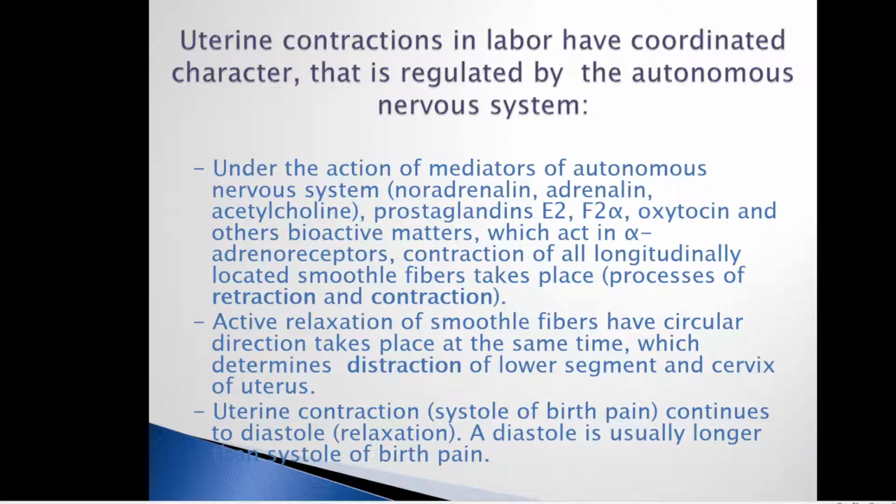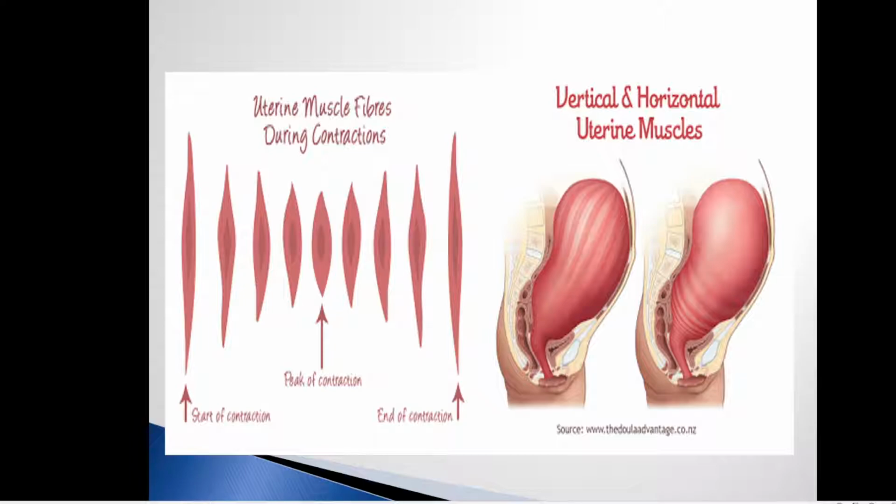Uterine contraction, or systole of birth pain, continues to diastole or relaxation. A diastole is usually longer than systole of birth pain. Relaxation is always longer than contraction of the uterus. You can see what changes happen in muscle fibers during contraction.